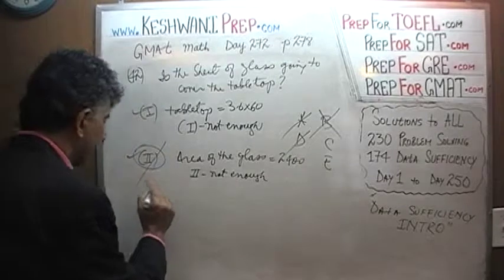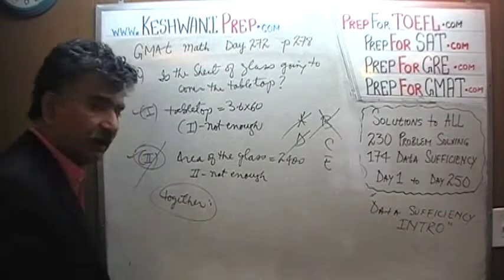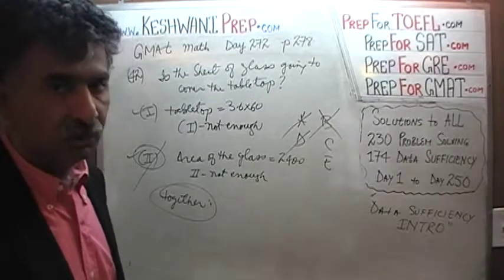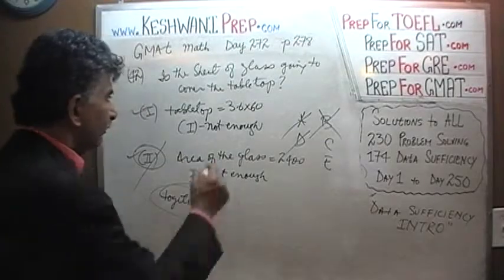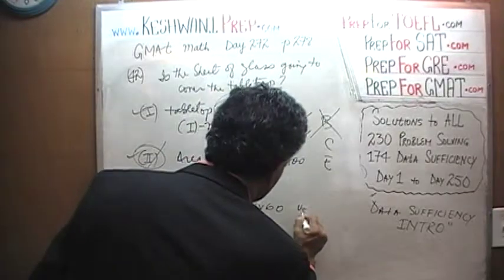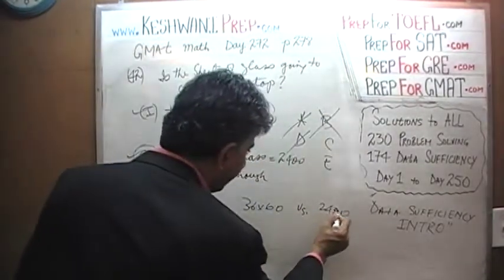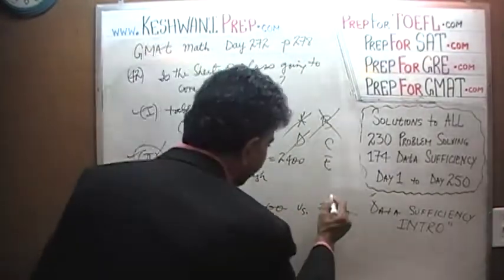Let's put them together and see what happens. If we put the two of them together, this is the part where you have to slow down and take your time, because otherwise they're going to get you. Your temptation at this point might be to simply compare the dimensions here, 36 by 60 versus 2400. You might be tempted to say that I see 2400 here, I see 60 here. If you would divide 60 from both sides, this becomes 40.